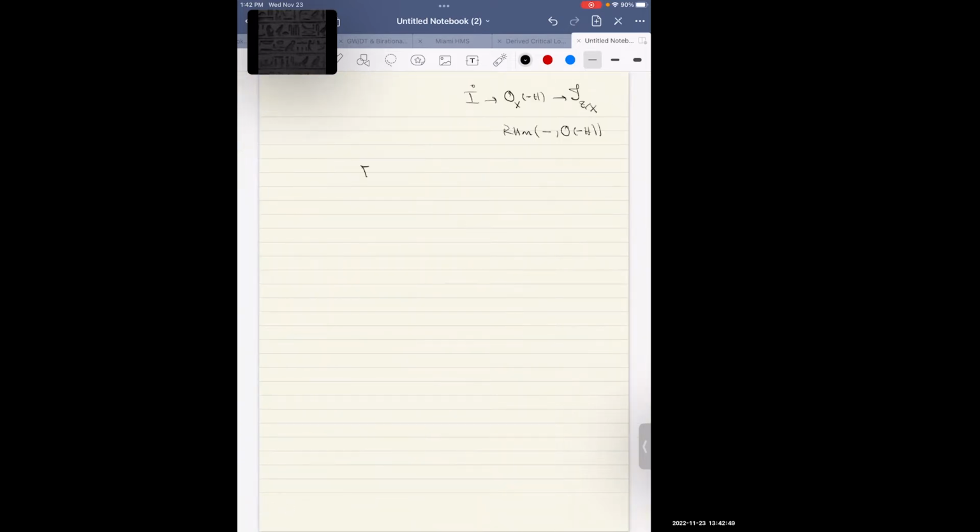So X1 OX minus H comma OX minus H goes to X1 I dot OX minus H goes to X2 I of Z of X OX minus H. Okay, and then there are some terms after and some terms before, but I claim that we really don't need them.